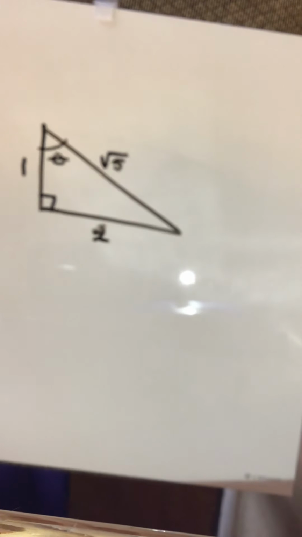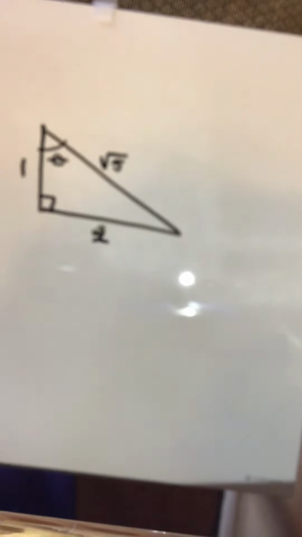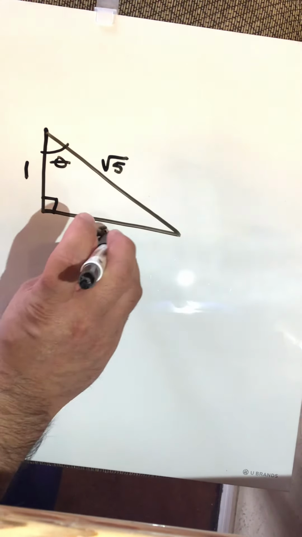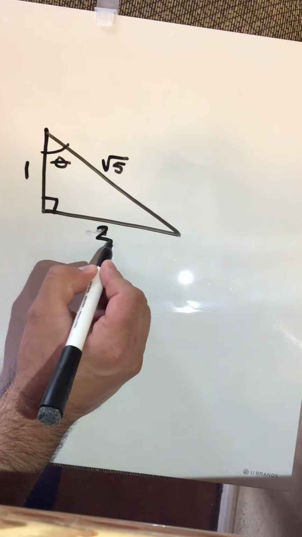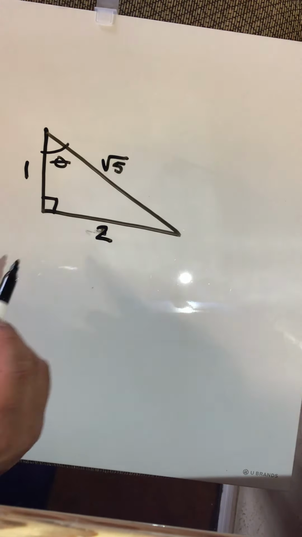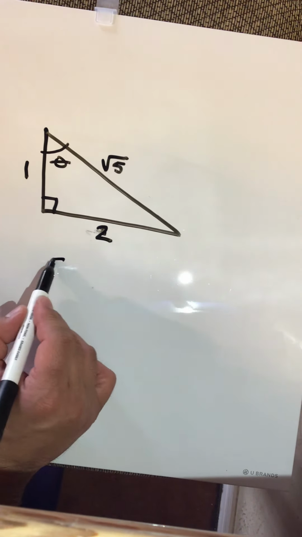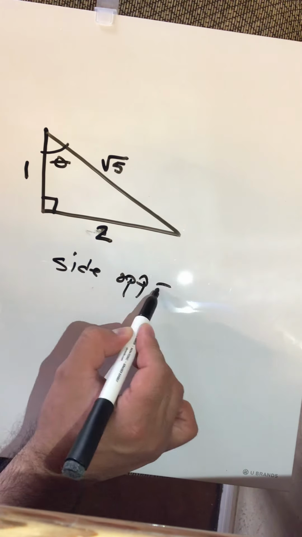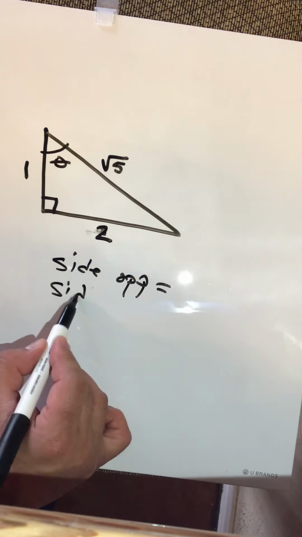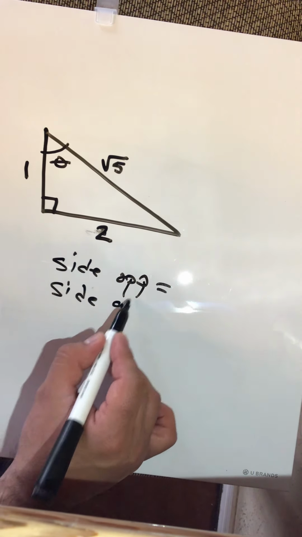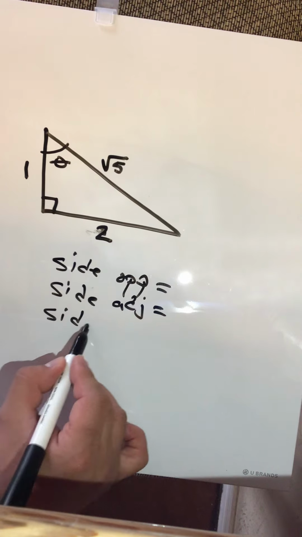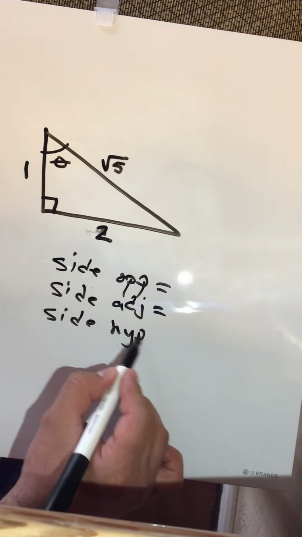So my goal is to find what is the side opposite, side adjacent, and the side hypotenuse.